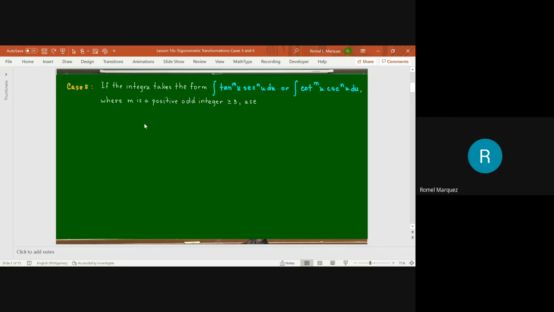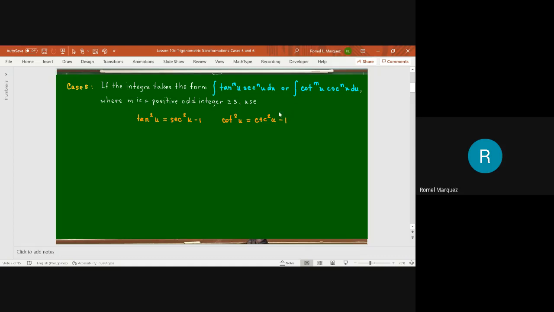Tangent, coming from the tangent to the m. So tangent squared u is equal to secant squared u minus 1. Or if coming from cotangent to the m, you transform the quadratic cotangent, so that is cotangent squared u into cosecant squared u minus 1.